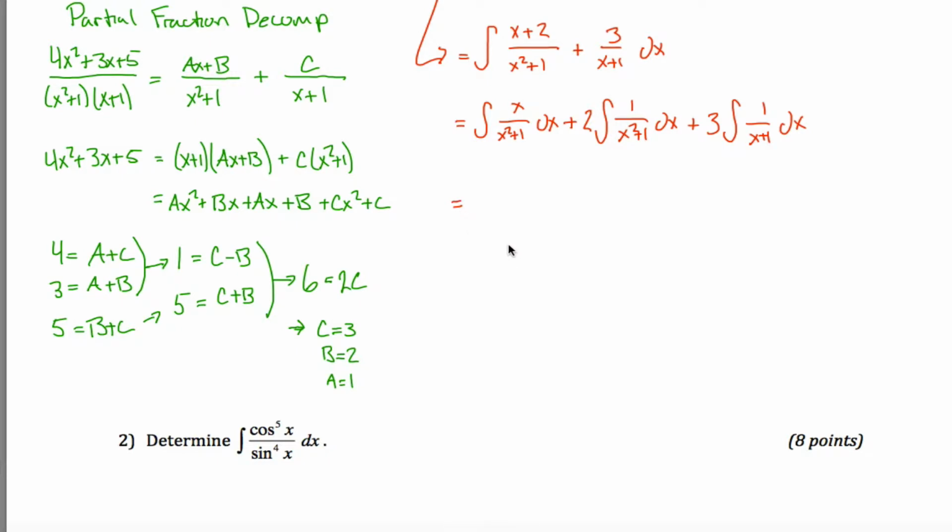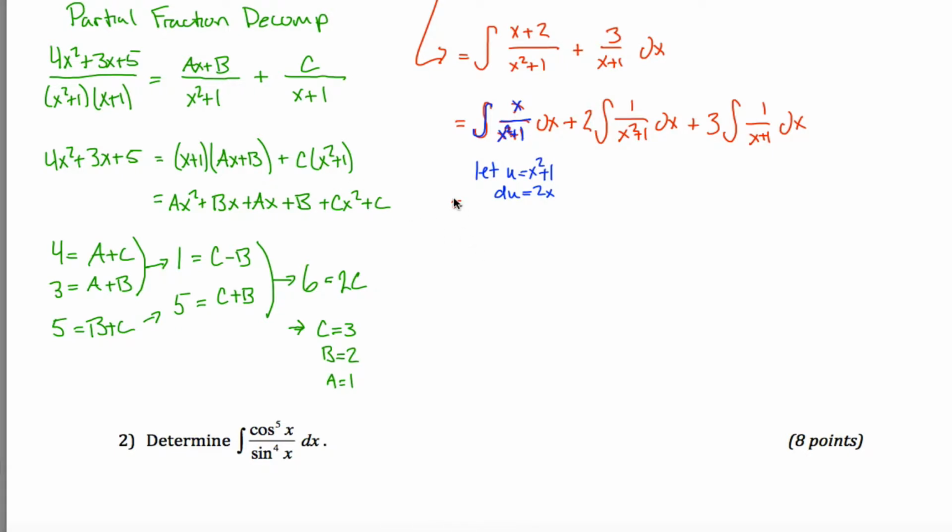I think this one's the hardest, because for this one I'll want to use a U-Substitution, so maybe I should color code these a little bit. For this integral, I'll use a U-Substitution. I'm going to let u be equal to x squared plus 1, and therefore du is equal to 2x dx.